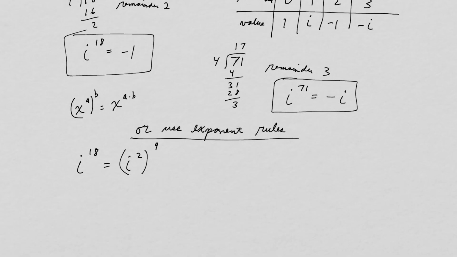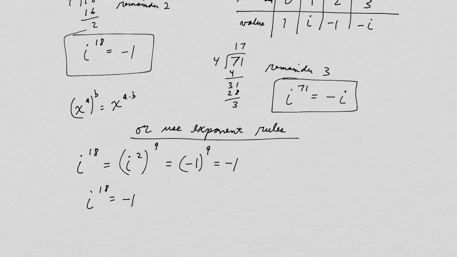Well, i squared we know is -1, and if I raise -1 to an odd power, like -1 times -1 times -1 times -1, I'm going to get -1. So this tells you that i to the 18th equals -1. So we can get it using exponent rules, but it was much quicker to just divide by 4 and look at that remainder.